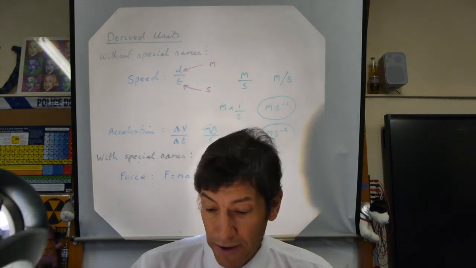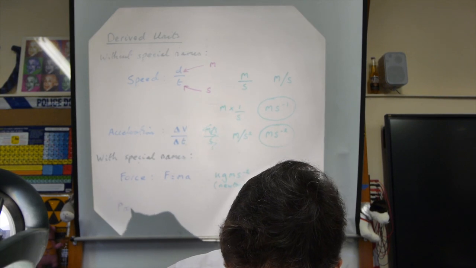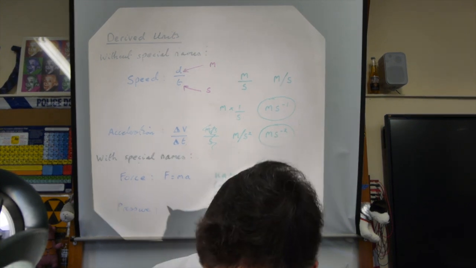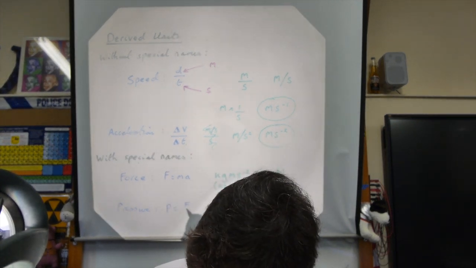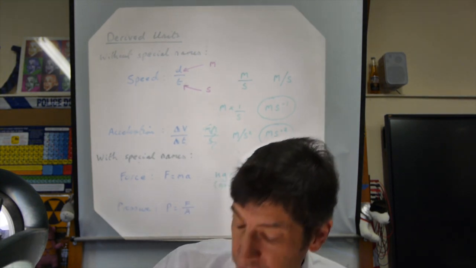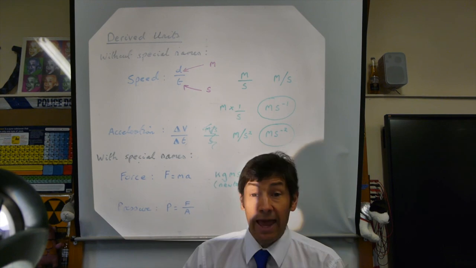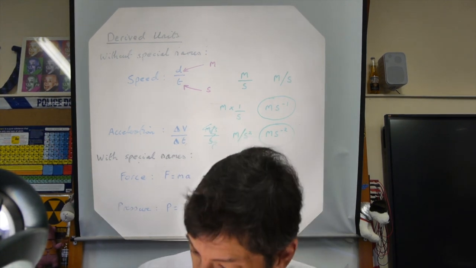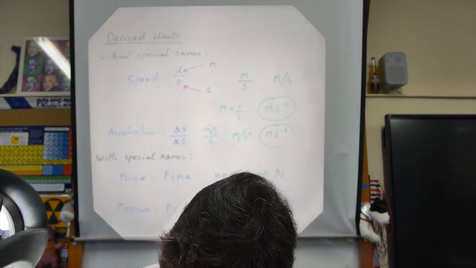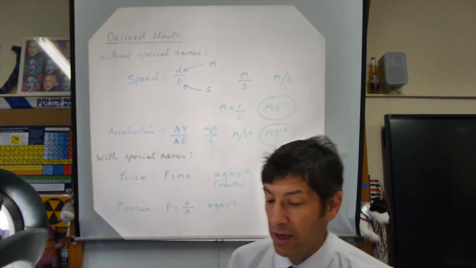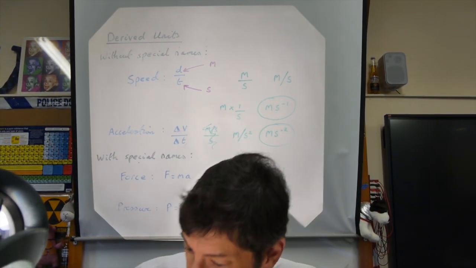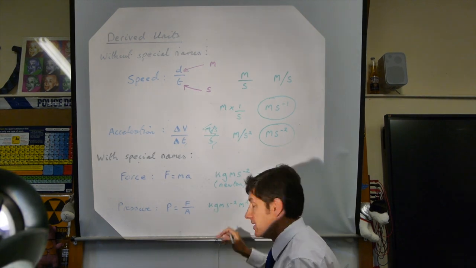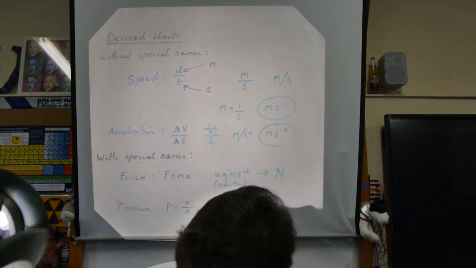Now, you can think of probably many other ones. A common one is pressure. Pressure, if you remember, is the force divided by the area. If you do it in SI units, force we've just worked out is kilogram meters per second squared. Area is meters squared, but it's divided by area, so it's meters to the minus 2.